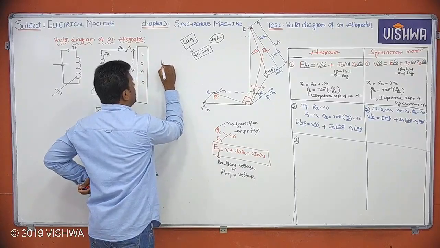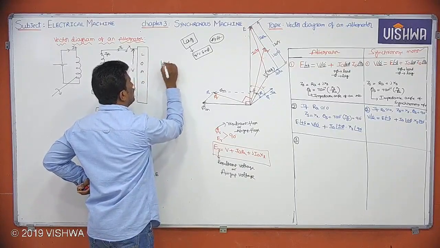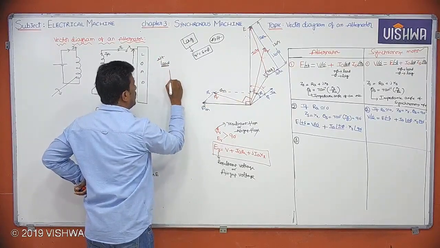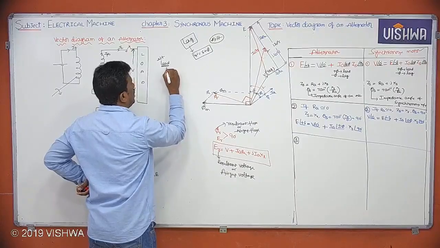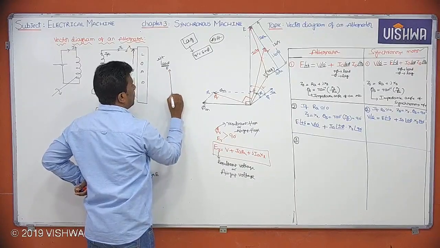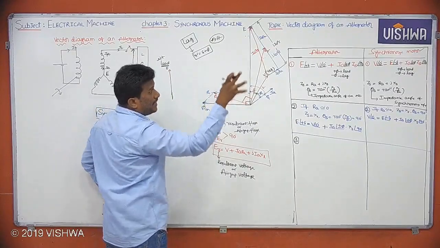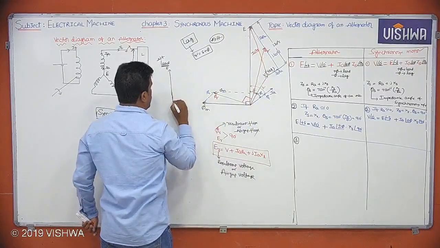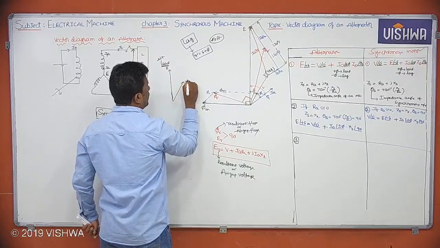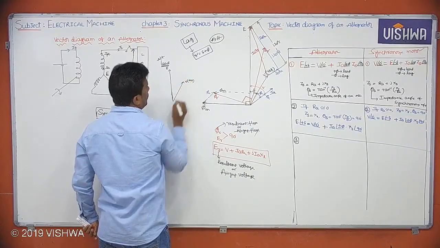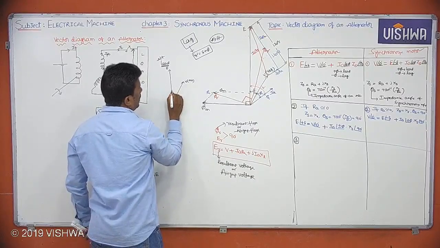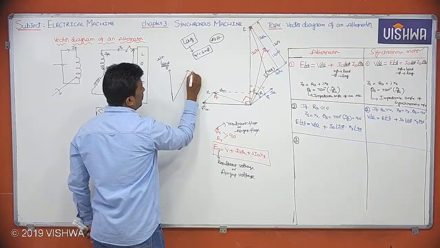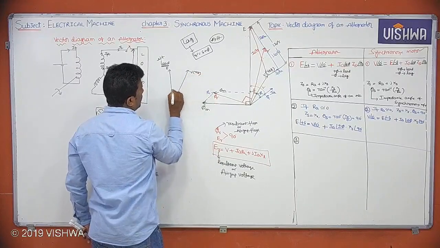Suppose, guys, for lead load, I am asking lead loads for alternator only. Same, simply write E vector, V vector only. I am explaining alternator. This is E, this is V. V is reference. Angle between E and V, how much?